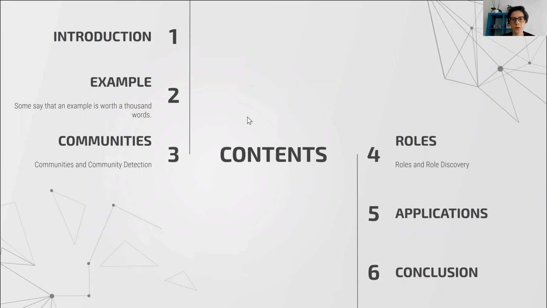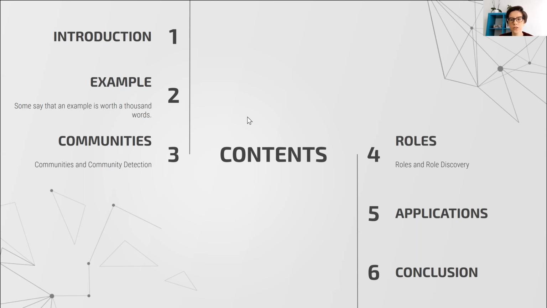Then we will cover the classical point of view on graph clustering, which is communities. I'm going to give a quick definition in order to compare communities to roles, which are the next section. And we're going to formalize the concept of roles, but also go through the main categories of role discovery.